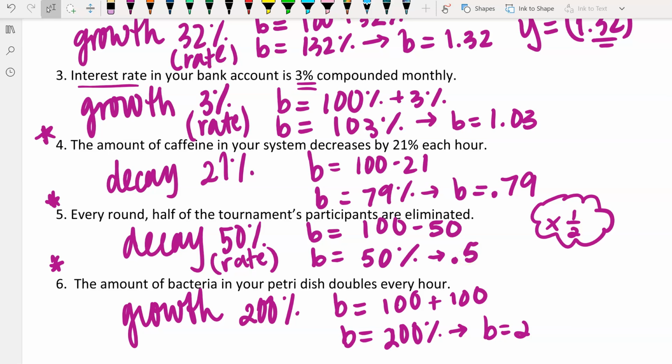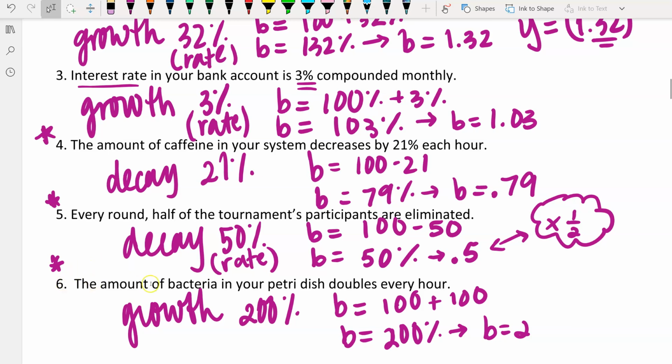I don't want you to get confused on where that's coming from. You are saying the same thing between these two, but because we are asked to find the rate of decay right here, we have to give them some sort of percent. Okay, and 1/2 as a percent is 50.